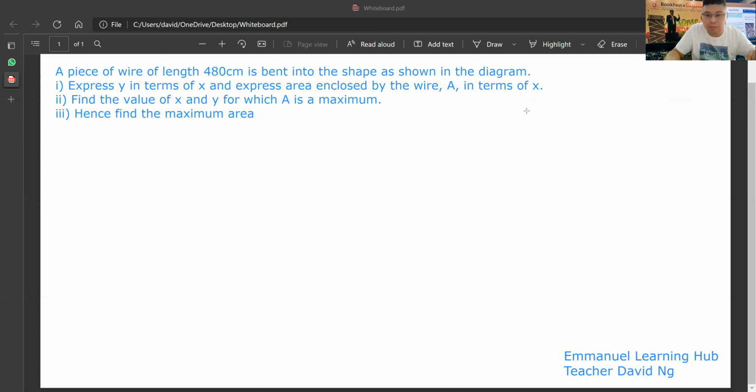Let me see. I think the shape looks like this. And here is y. Here is y. Here is 48x.